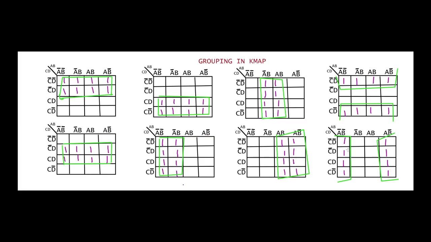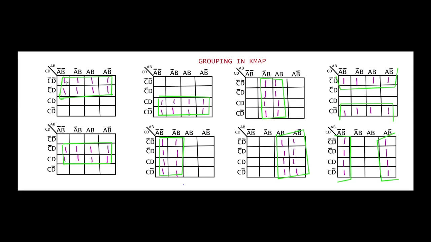Next, coming to here, if I have the same 4 ones and 4 ones at the ending of this K-map, I can make this complete K-map have only one single group of 8 ones. For the solution of this group of 8 ones, just check for the common terms.